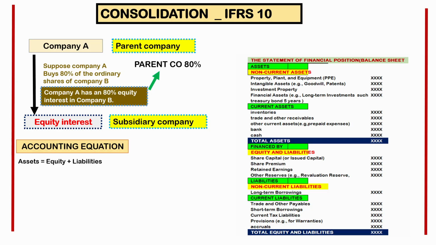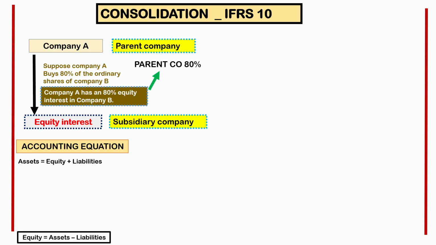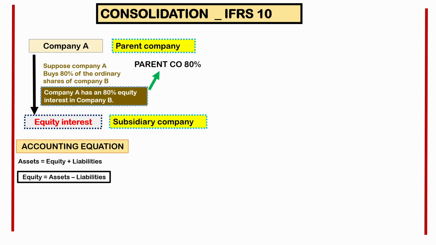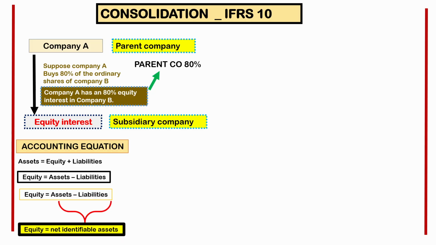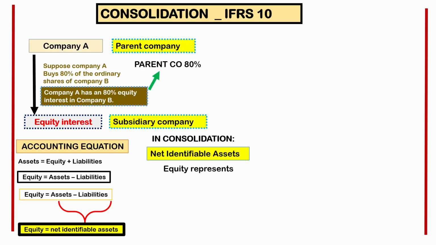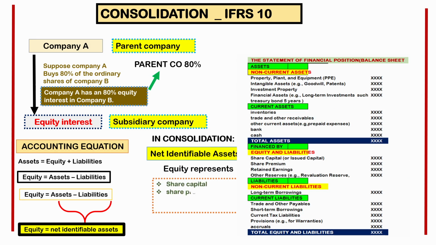Then if this particular equation is rearranged, we have equity equals asset minus liability. Of course, this asset minus liability is the same as the net identifiable asset. In our consolidation, the net identifiable asset, which is also represented by equity, is composed of what?